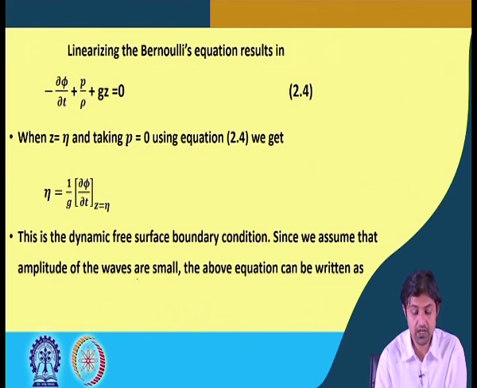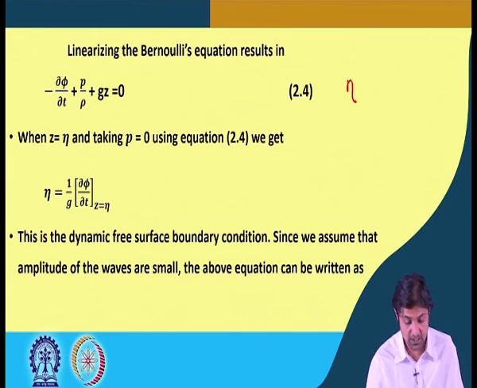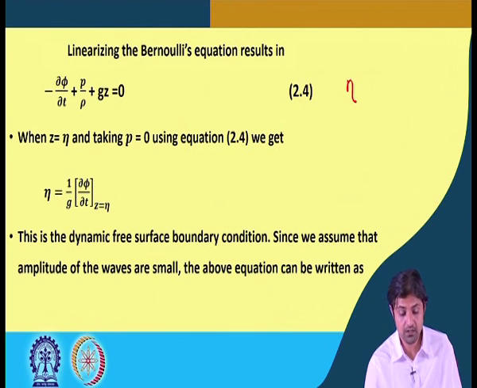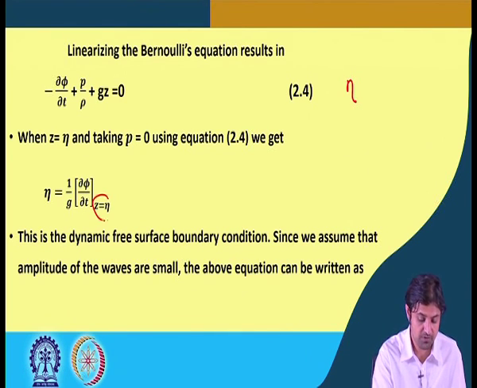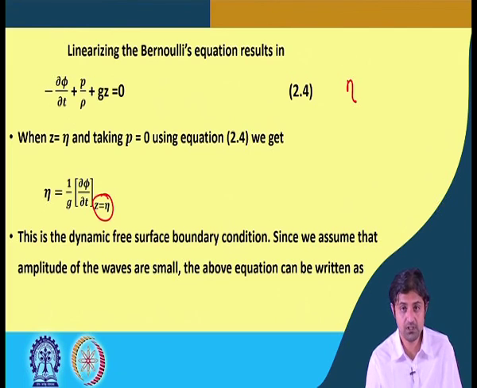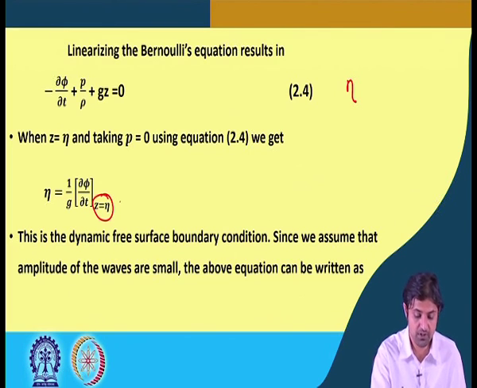Since we assume that the amplitude of the waves is small, so this eta actually is very small. So this is a problem if we say z is equal to eta, because we do not know eta from before, this becomes an implicit equation.